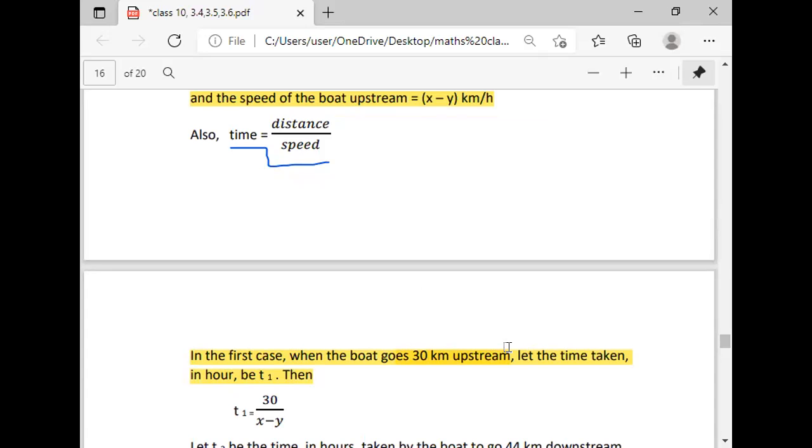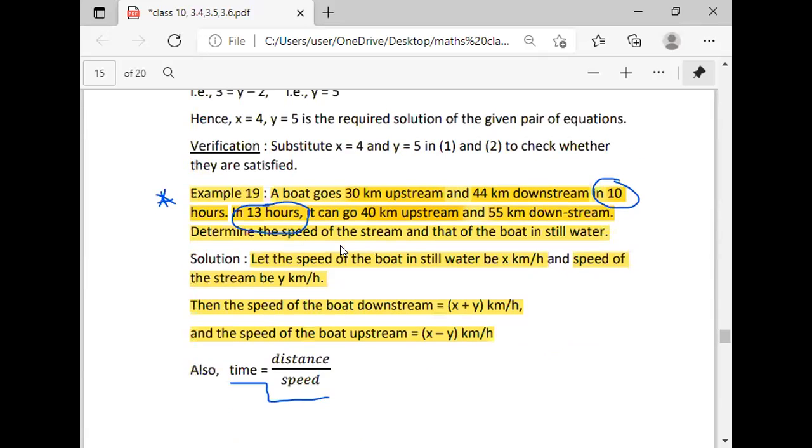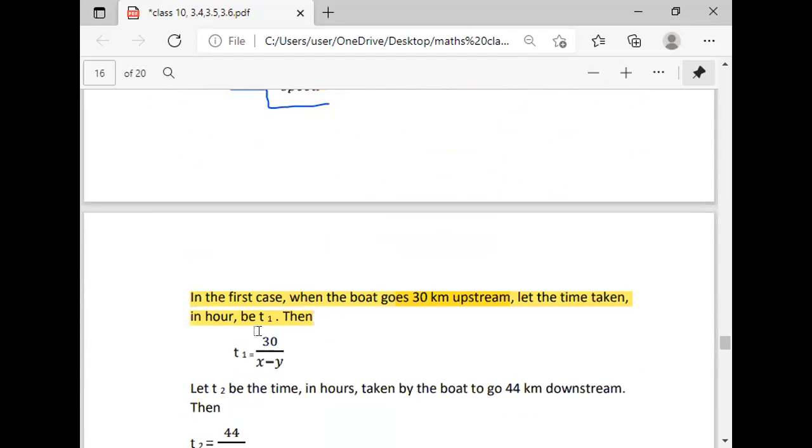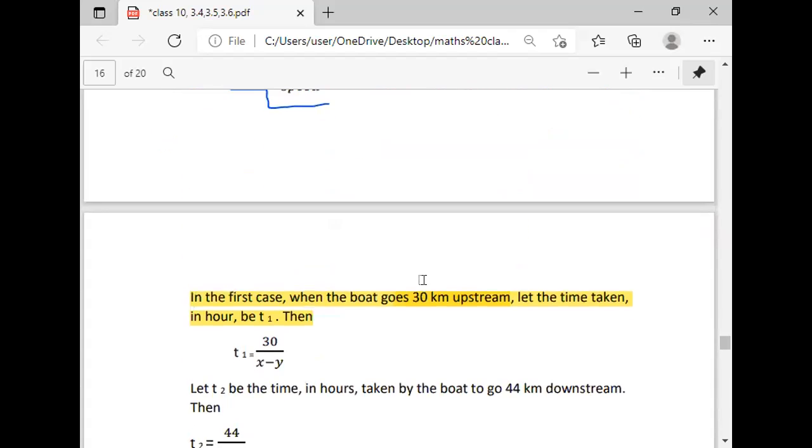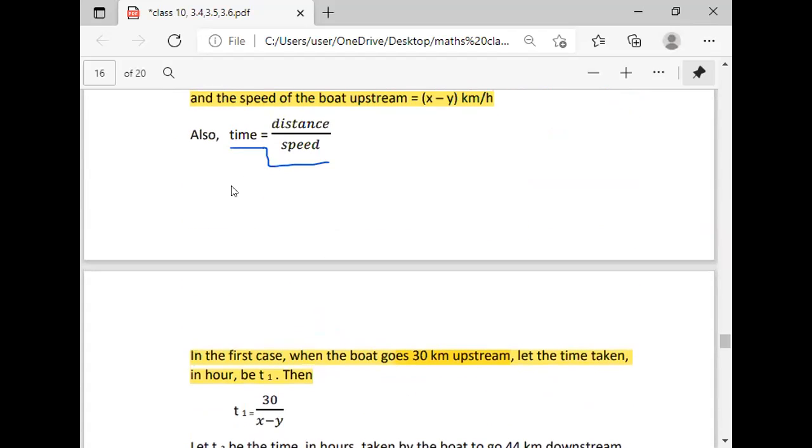Then what can we say? t1 is equal to 30 divided by x minus y. You know why we have taken the number 30? Because it is given that it moves 30 km upstream. We have seen time is equal to distance by speed.